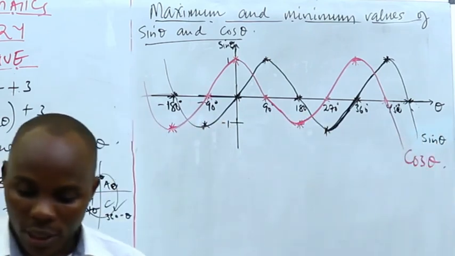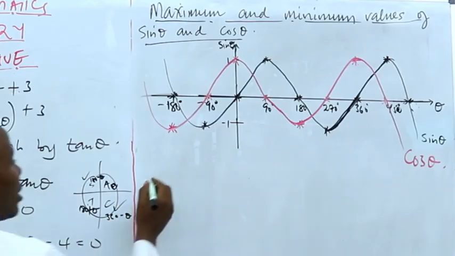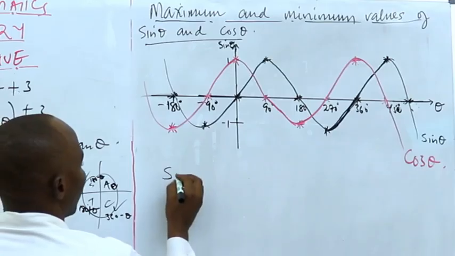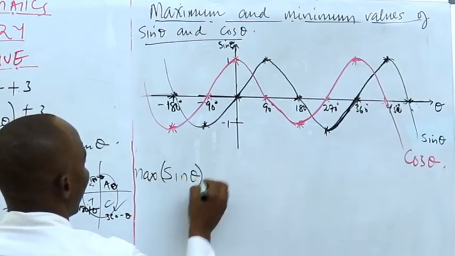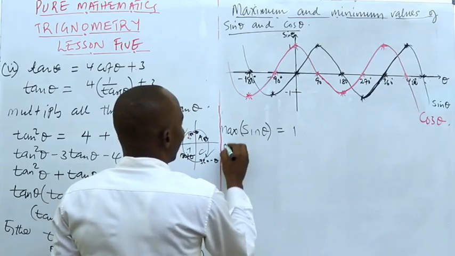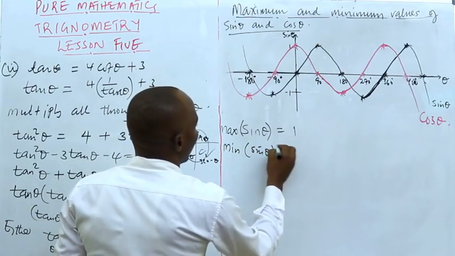So looking at that as you see it on my board, it is evident that the maximum of sine theta is 1, and its minimum is -1.